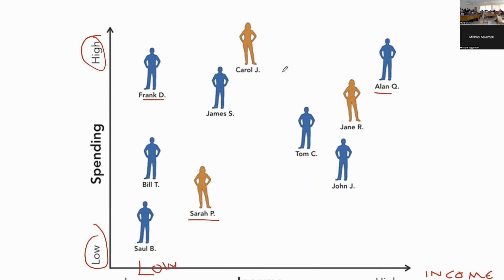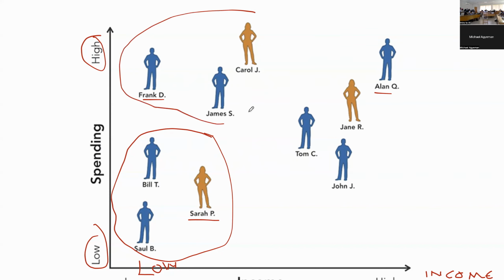So we've got a distribution on there, and straight away we can see some similarities. We group like for like. We can start by saying these people look like they all have low income and spend less. We can also say another set is the low income, high spending people.